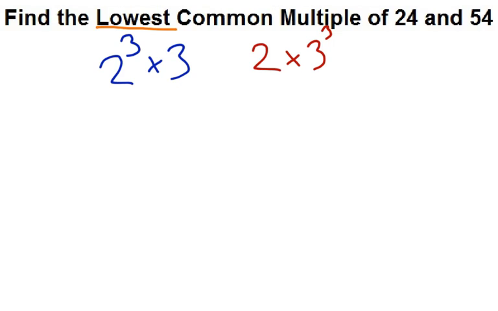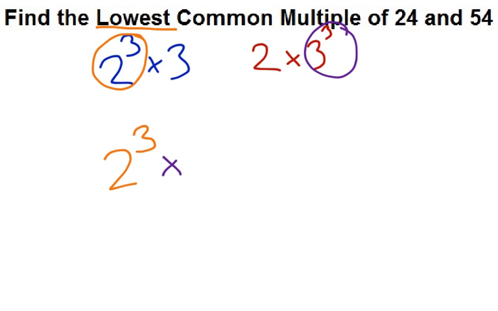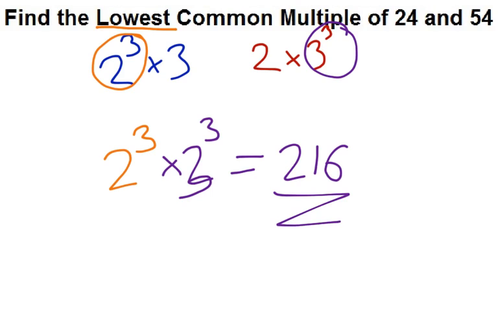So the highest power of 2 that appears is 2 to the power of 3, and the highest power of 3 that appears is 3 to the power of 3. So we're going to times those together, and when we calculate that, we get a value of 216. So our lowest common multiple is 216.